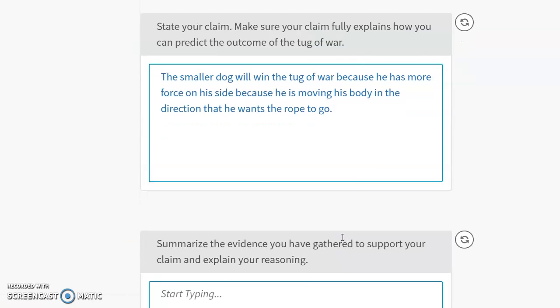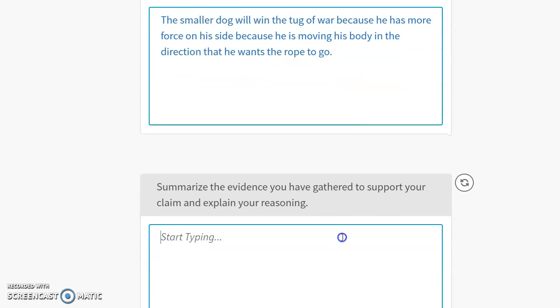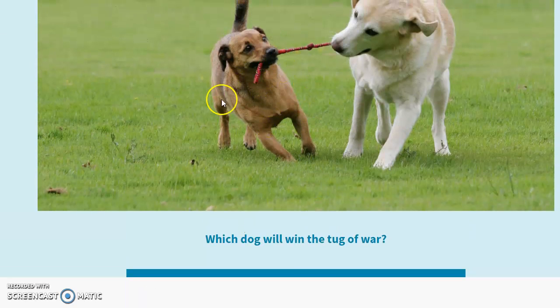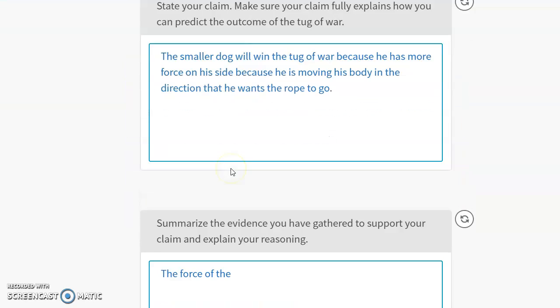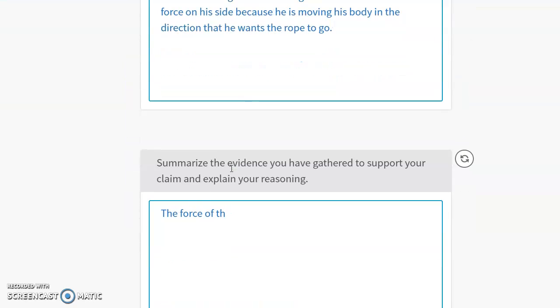All right, forces, we learned about forces and velocity. So let's look at the force that the dog on the left is putting onto it, causing it to have more rope.